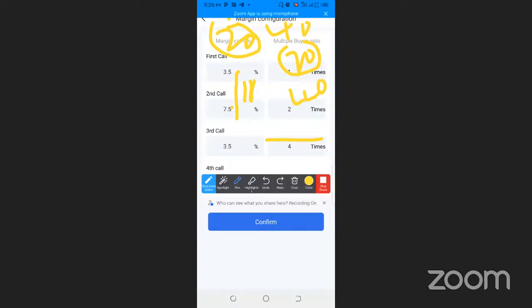Margin call drops. With these 11 margin call drops, at the current price of Bitcoin, if Bitcoin drops to $25,000, that means we are having a 10% call drop.